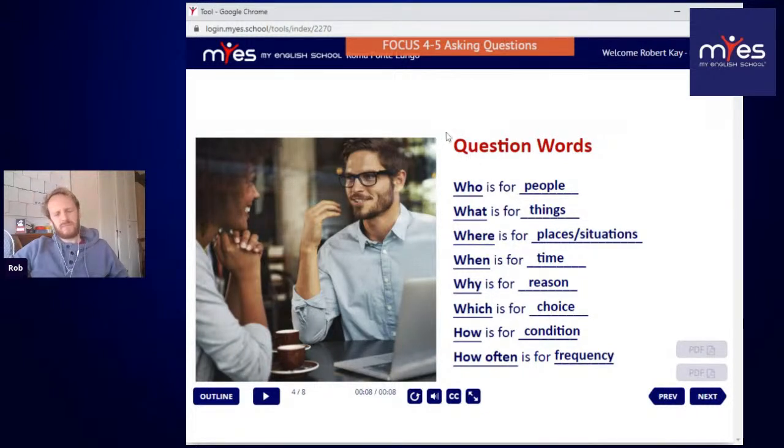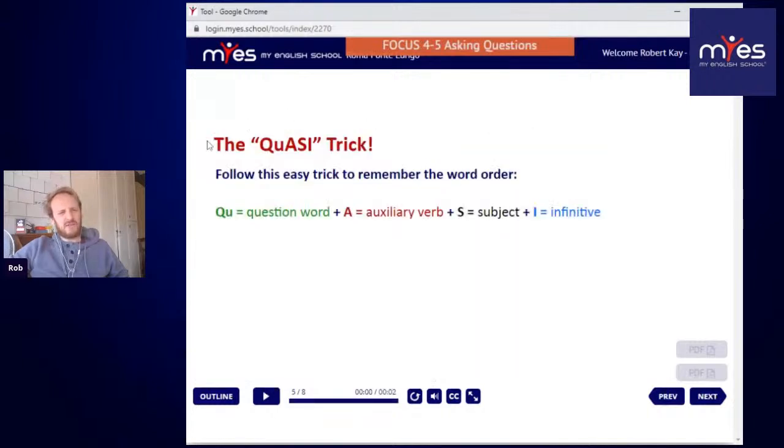So if we look at QUASI, we spoke about at the beginning, this is a way to remember how to make questions, the order of questions. So you have our question words, Q, U. Then afterwards, you have the auxiliary. Then afterwards, you have a subject.